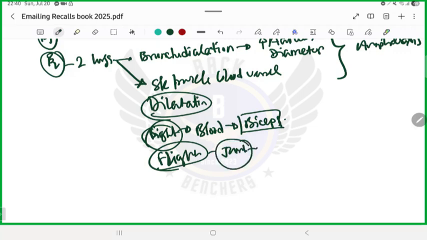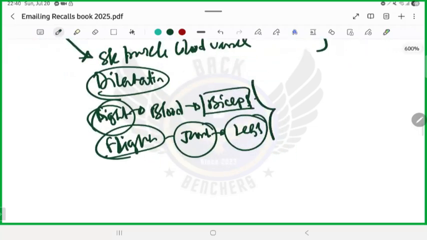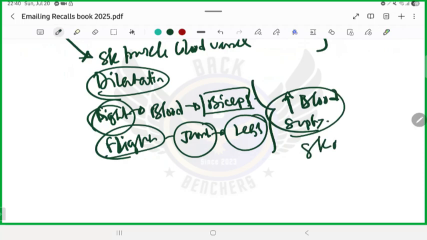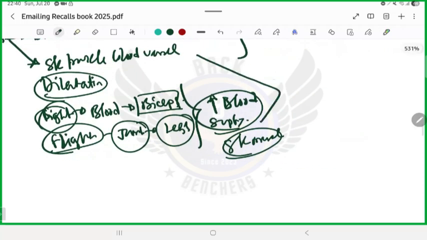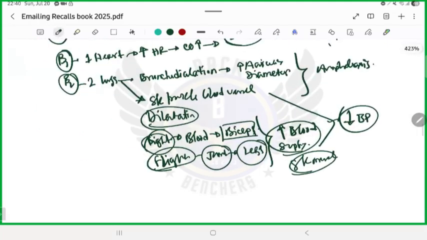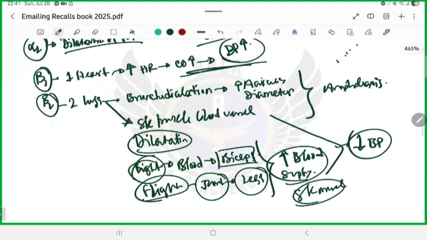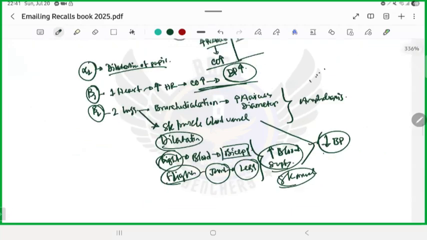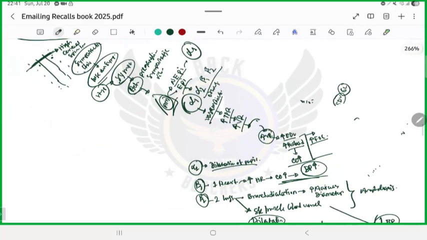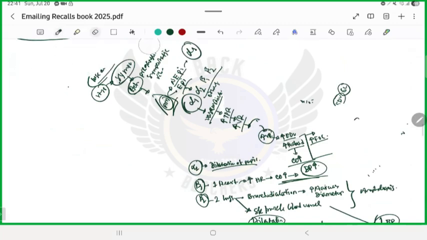So we need blood supply in our legs. Simple as that. So it will increase blood supply to our skeletal muscle, and it has a risk of decreasing the BP. But see, there are two actions to increase the BP and one action to decrease the BP, so the BP-increasing action will be more. So this is the job of our sympathetic chain.